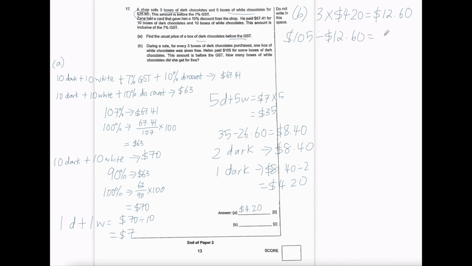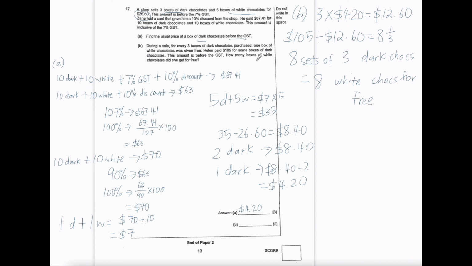So my answer will be 8 and 1/3. So there are 8 and 1/3 sets of 3 chocolates. So there are 8 sets of 3 dark chocolates. Because there are 8 sets, that means she gets 8 white chocolates for free.